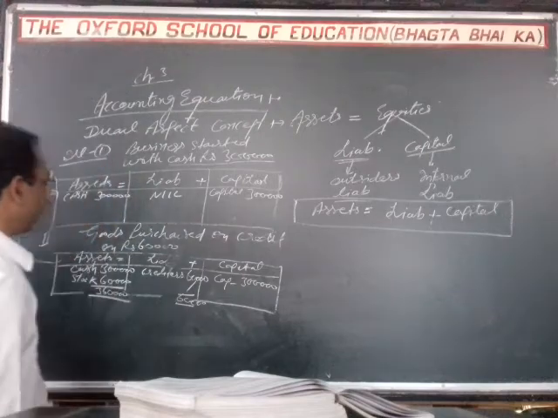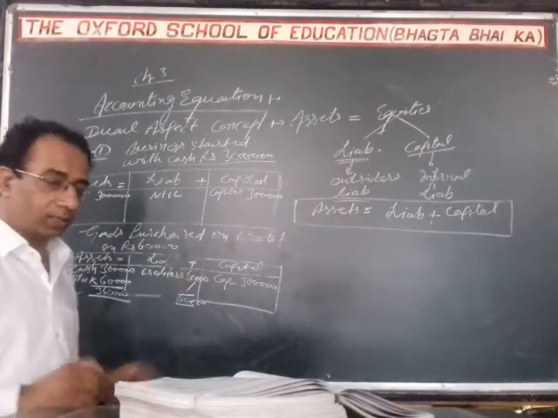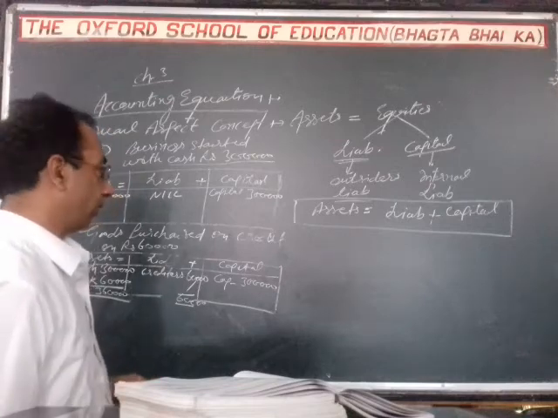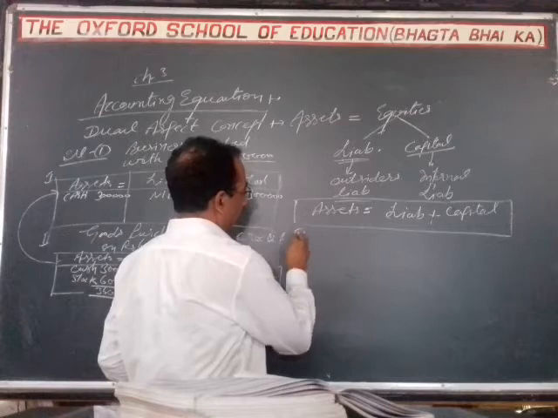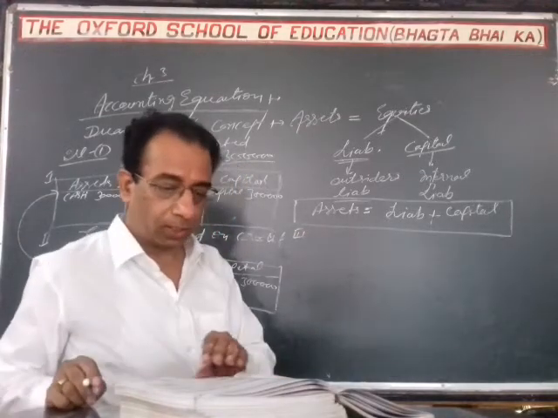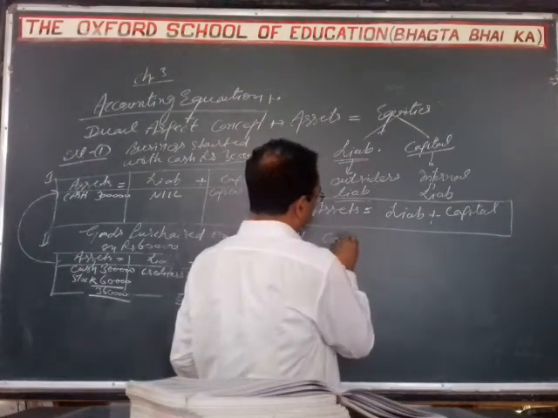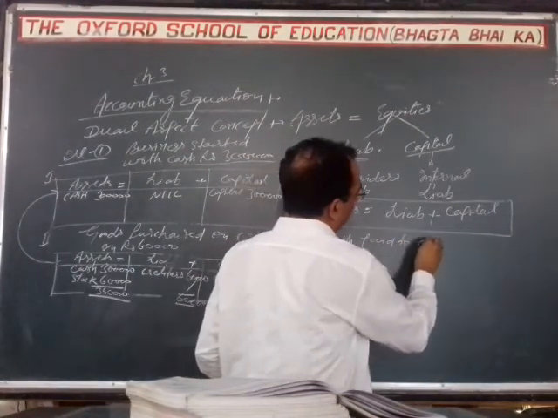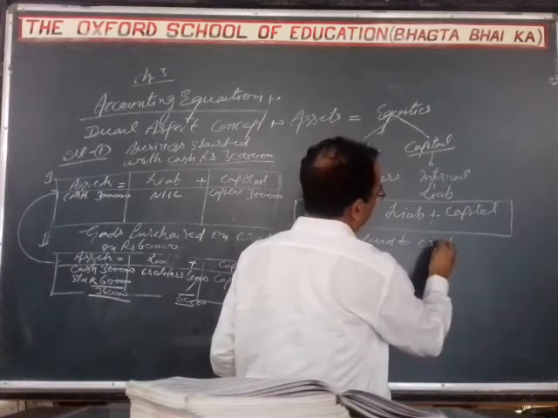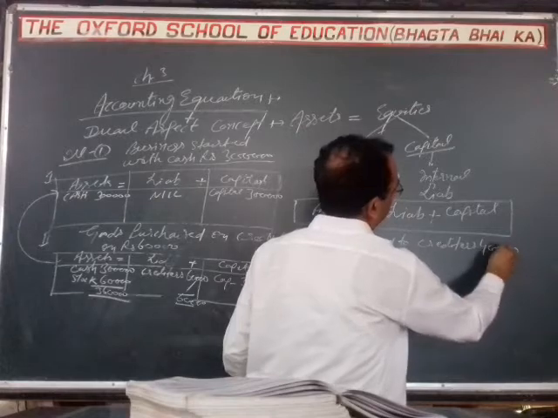So in this manner, in every step we have to calculate the amount of capital. Understand? Let me start to prepare table number 3. Cash paid to creditor 40,000.